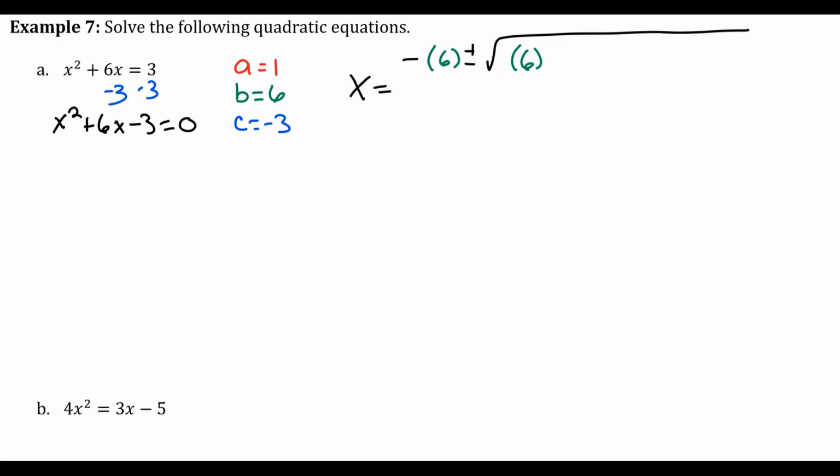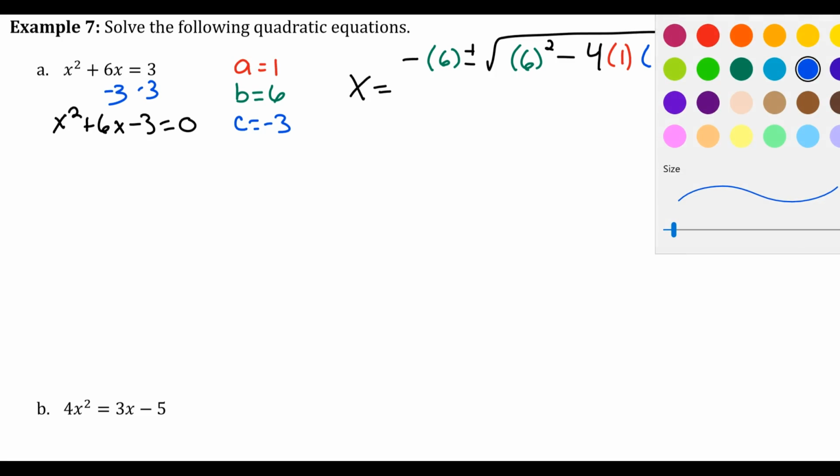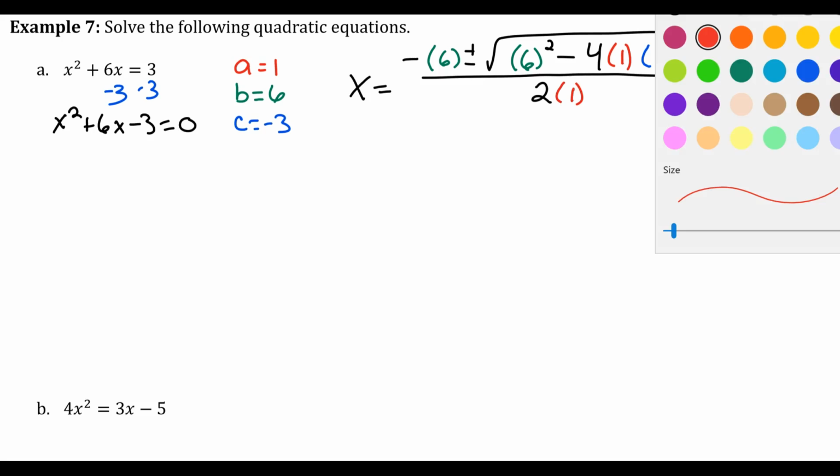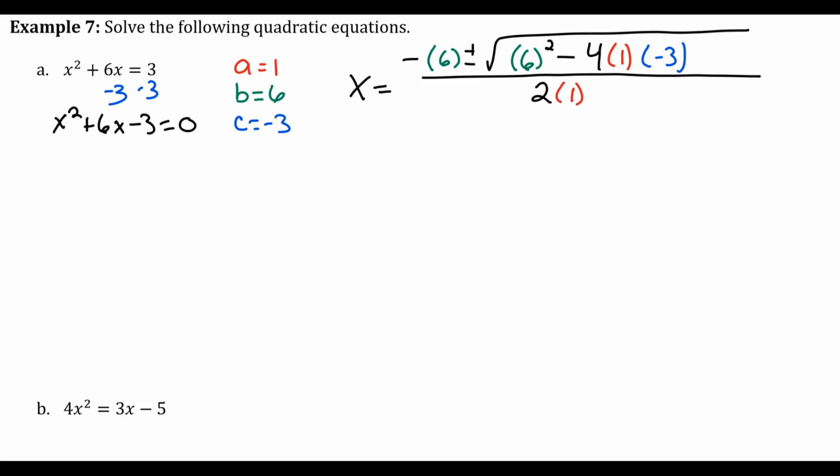I'm going to square it, minus 4 times my a, which is 1, times my c, which is negative 3. And remember, that is all over 2 times my a, which was 1. Notice how I put everything in parentheses, including the 6 with this negative, because sometimes we may have a negative value for our b, and we have to be careful with that.